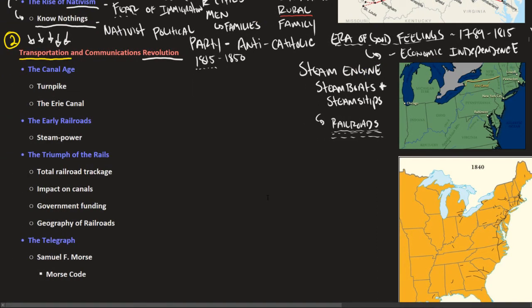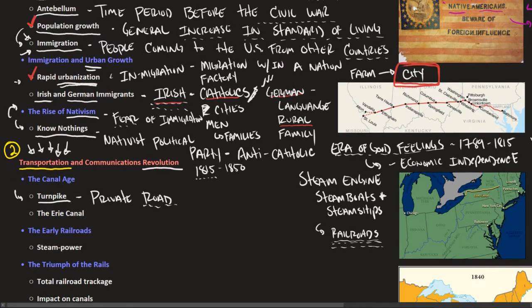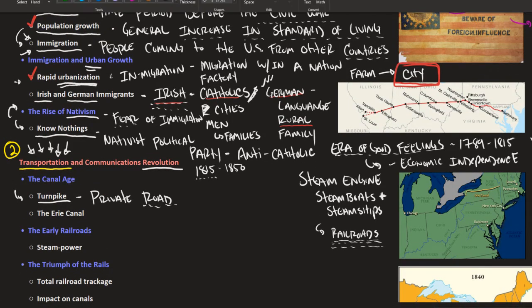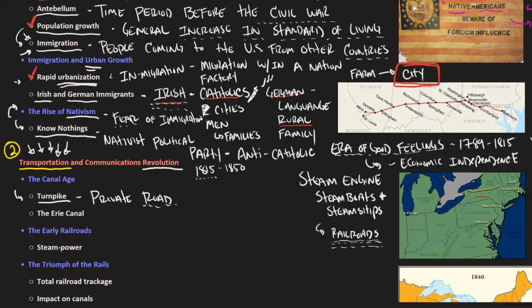And so the development of transportation in the United States is kind of a step-by-step process. First, talk about roads. A turnpike is just simply a private road. In the era of horse-drawn carriages, roads were the most important. In fact, we even talked about the national road that was created, the first and last and only federal road project that built the road from Baltimore, Maryland, all the way to the Mississippi River.